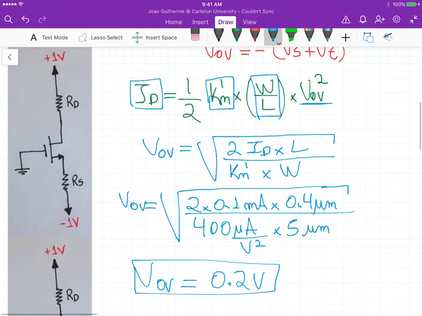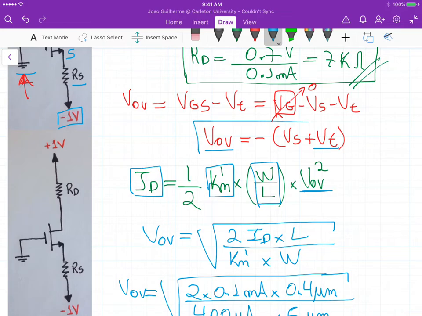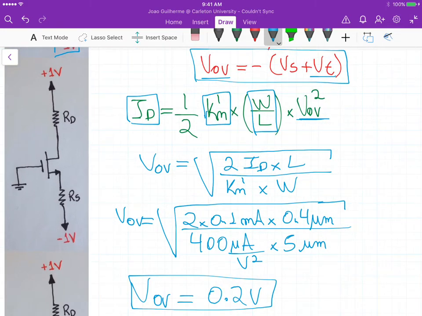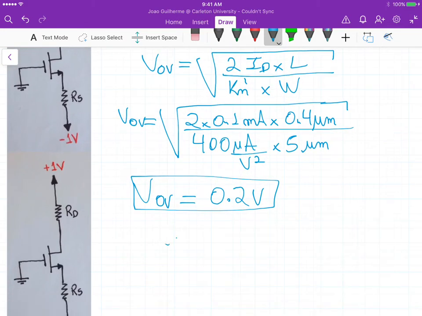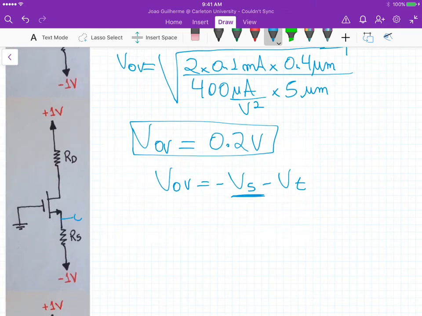Now because we know the overdrive voltage, and we know this equation up here, let me write it down here: the overdrive voltage is equal to minus VS minus the threshold voltage. We can calculate the source voltage, the voltage at this point here.